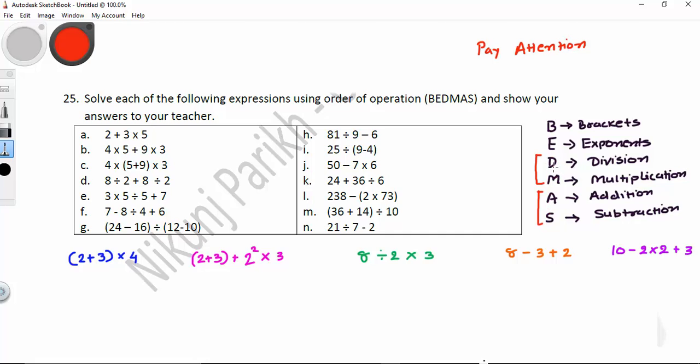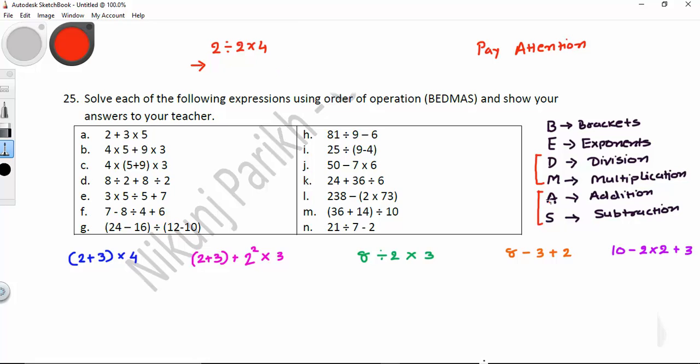It means when you have division and multiplication in a single expression, for example, 2 divided by 2 times 4, you can see that you have division and multiplication in the same expression. At that time, you have to solve from left to right.